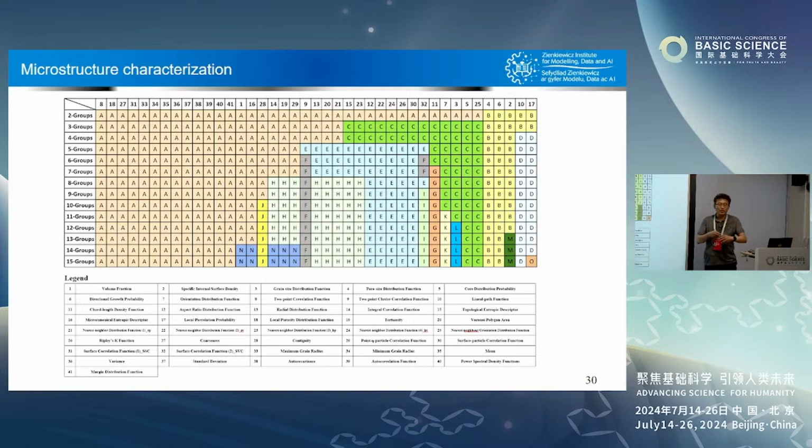You group them based on similarity, and similarity was solved through k-means, using the distance between the feature points in the hyperspace. We have done this from 2 groups up to 15 groups.